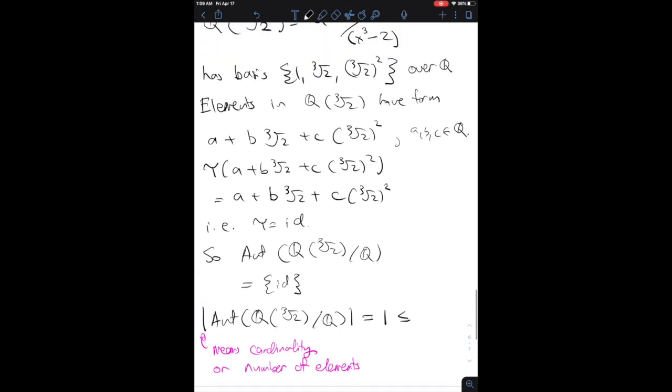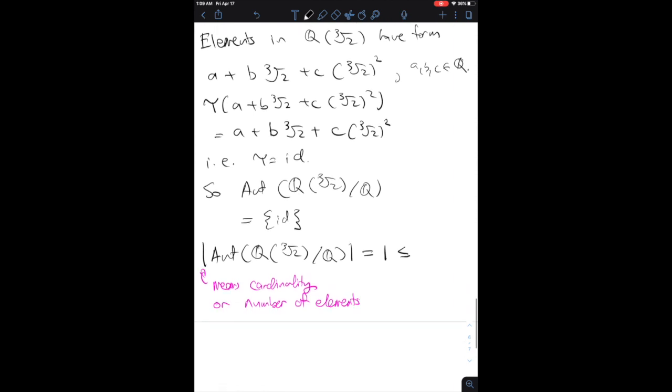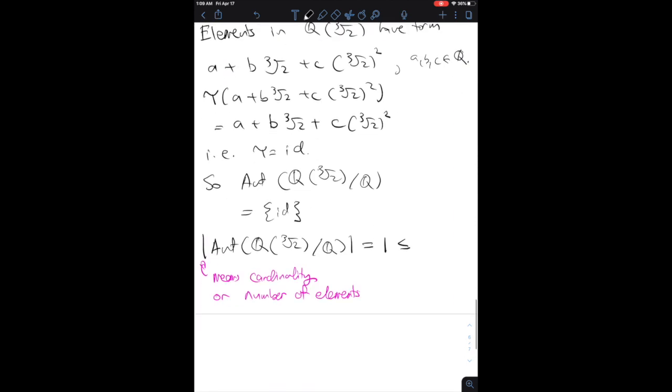When I'm looking at a finite group, this is the number of elements. Here in this case, we've proven it's just one, only one element, which in this case is less than the degree of the field extension, which is 3, since the minimal polynomial has degree 3.